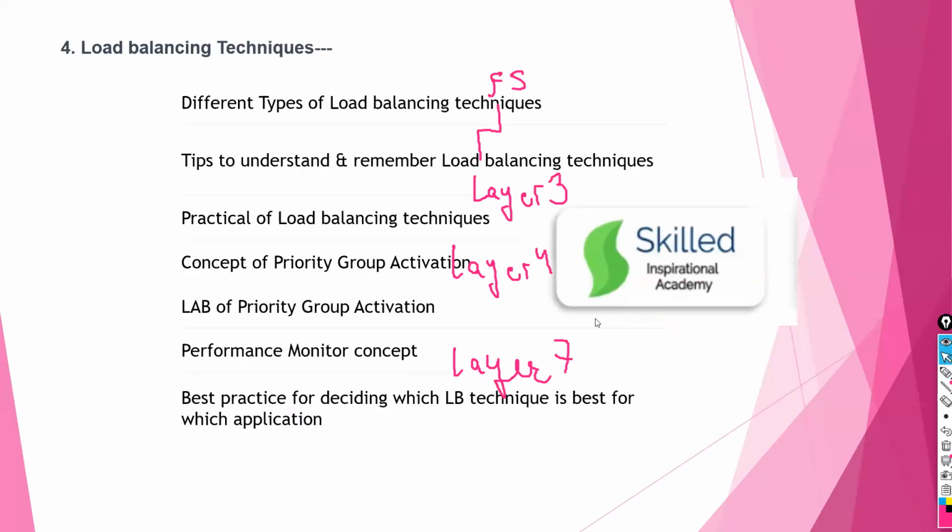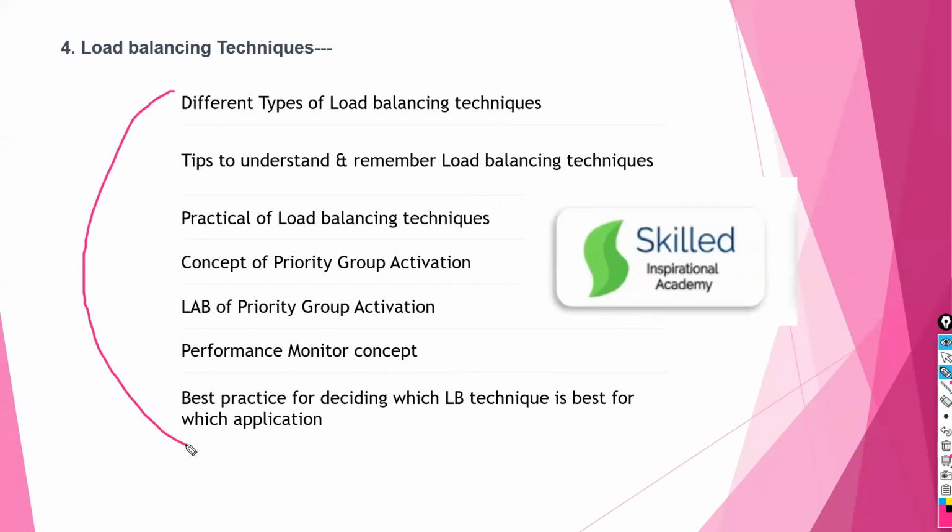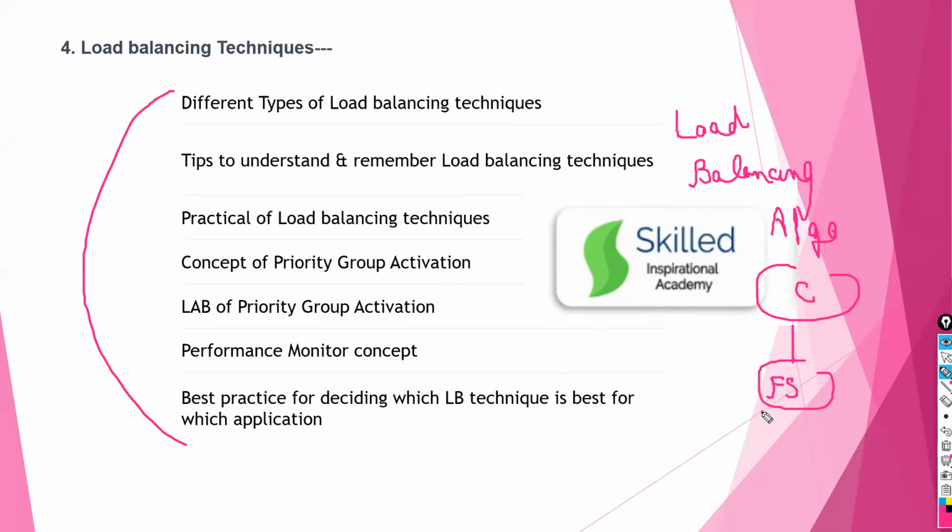Different types of virtual server. Now the next topic, which is the base of F5, is load balancing algo. When traffic comes from the client and goes to F5, after that, how does F5 decide whether the request should go to server 1, server 2, or server 3? How will F5 decide whether I should send traffic to this server, this server, this server? All of that depends on your load balancing algo.